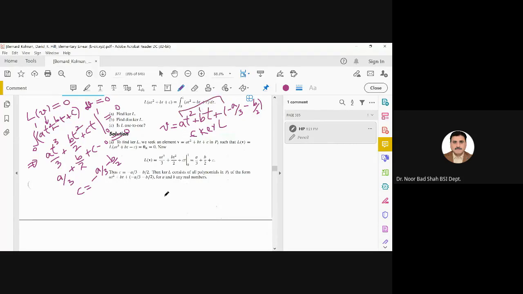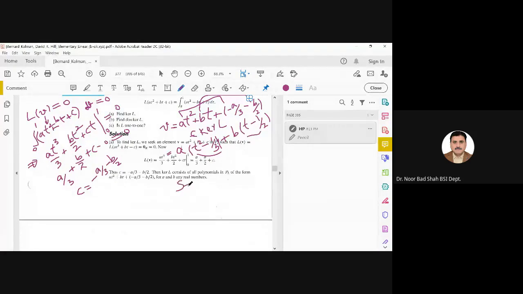You will take A times T squared minus 1 by 3, plus B times T minus 1 by 2. We combine these two together and these together. So these are the vectors which belong to the basis.